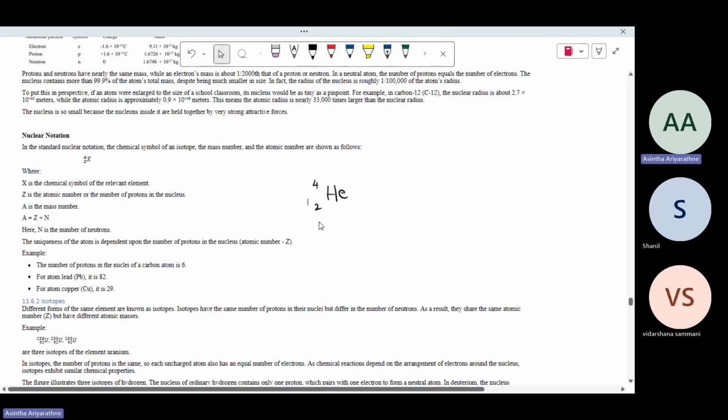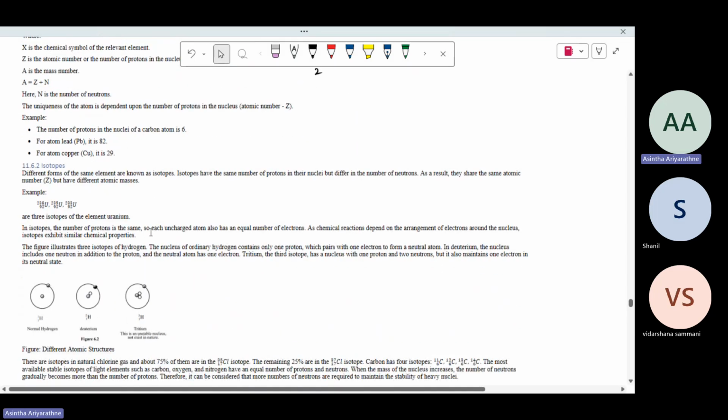This 2 represents Z. In the general notation, Z is called the atomic number, the number of protons in the nucleus, whereas A represents the mass number. Mass number is the number of protons plus the neutrons. So that is easy, right?